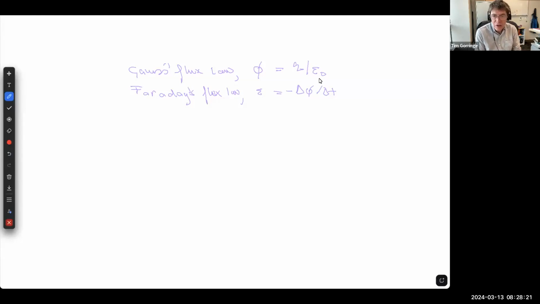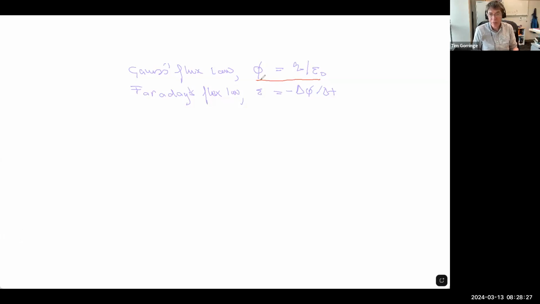In Gauss's flux law, which I've written down here, we have to think about a closed surface, a surface in which there's a definite inside and a definite outside. And Gauss's flux law tells us that the electrical flux through the closed surface is in proportion to the charge that's contained inside the closed surface.